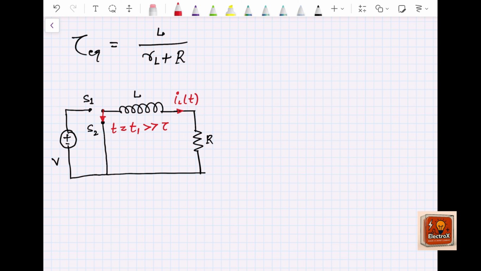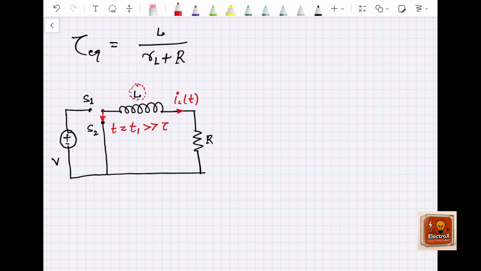Now what happens when the switching transition happens from S1 to S2? Initially the current through this inductor was a fixed value, V by R, but at a certain instant we abruptly switch from S1 to S2, and at that moment the inductor has a certain current, or in terms of energy, a certain amount of energy.